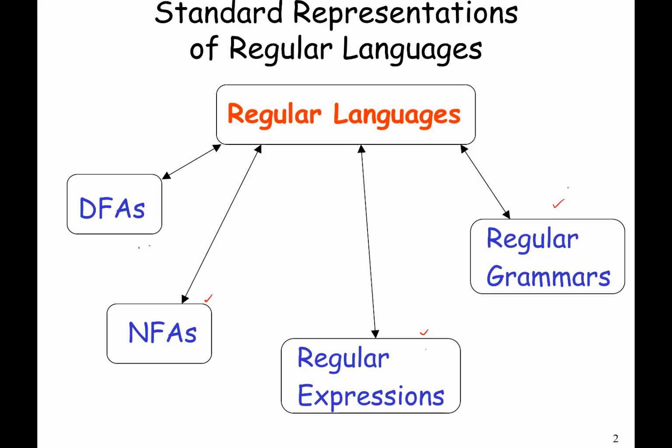So the elementary question can be answered in any one of the standard formats: DFA, NFA, regular expressions, or regular grammars. But many times the question can be answered easily in terms of a DFA or an NFA.